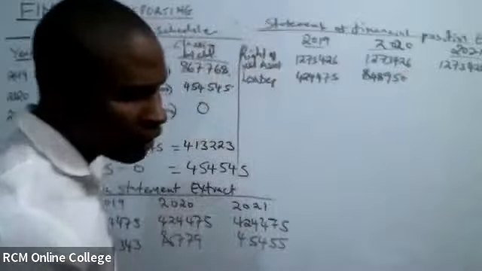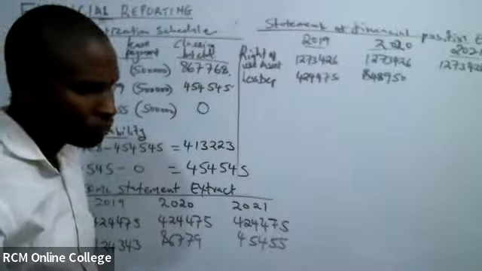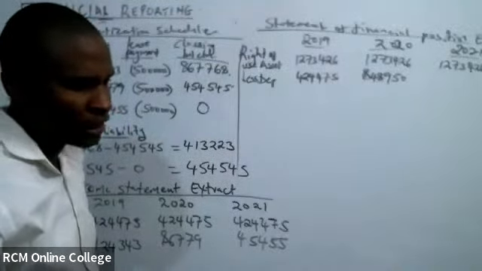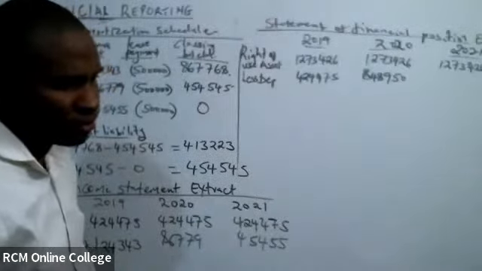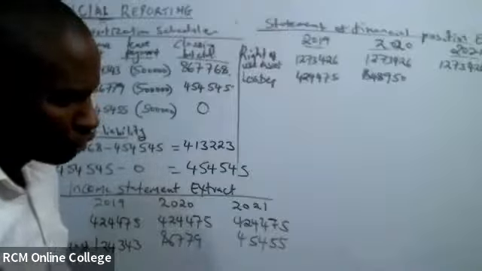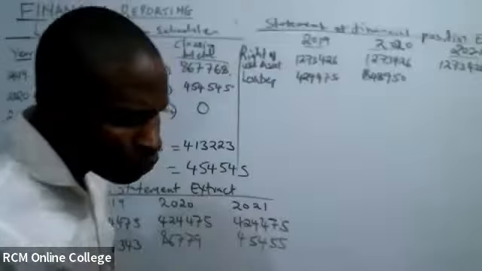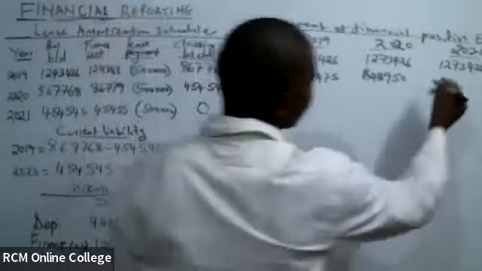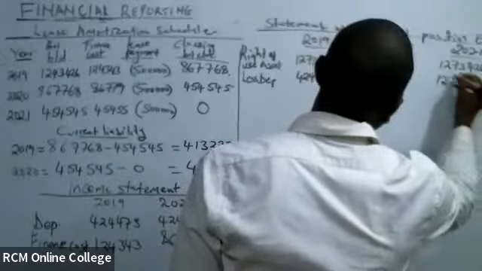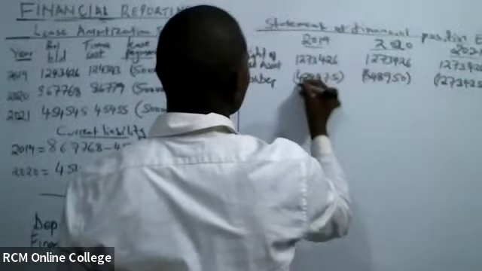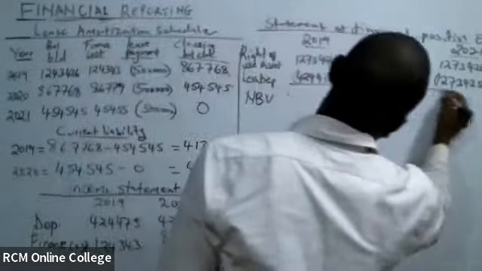Mwaka ya tatu inakuwa inaisha. So uongeze 424,475 hapo ili tupate net book value of this item, 1,273,425. So hii item, its net book value is this one.